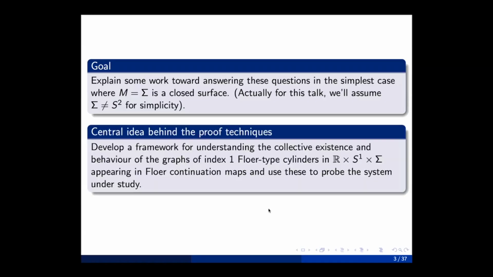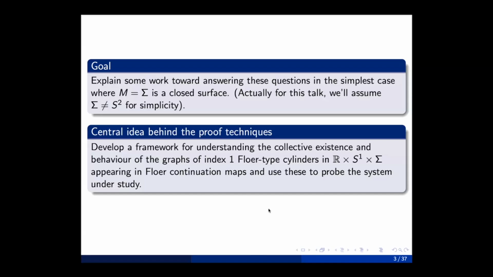Okay, and just to give the central idea, I'm going to explain a few results that a priori don't seem to have a lot to do with each other, except that what they have to do with each other is the central idea behind how you prove these things.